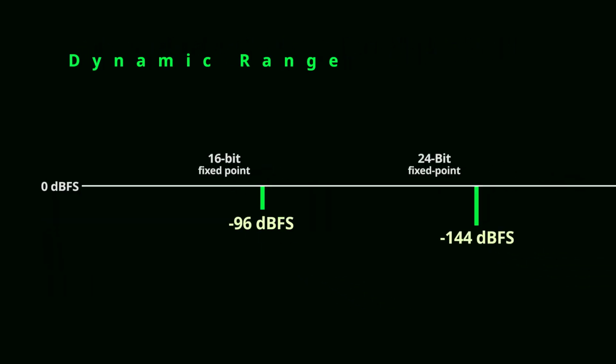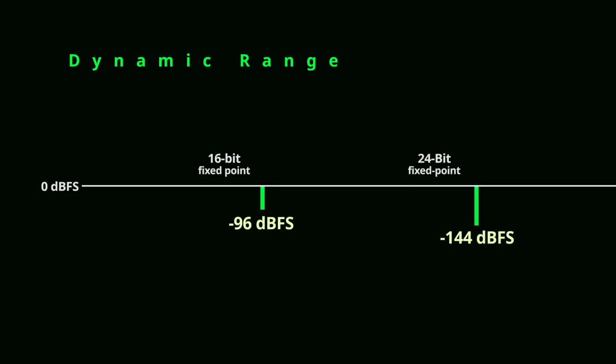24-bit fixed point, on the other hand, already has a dynamic range of -144 dBFS, meaning 144 volume steps. Just as a comparison, there's a volume restriction on stages to a maximum of 120 dB volume.